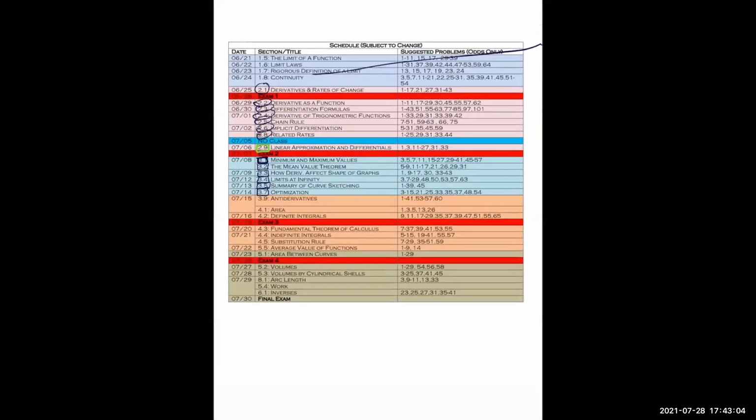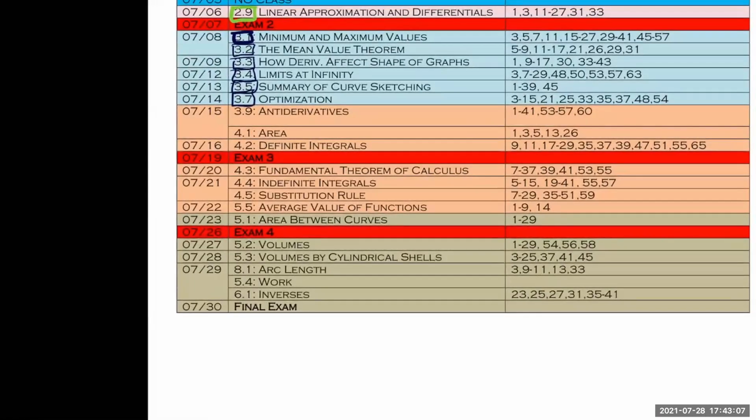So yeah, although I'm talking about this section, I am not going to put it on the test. That's why I didn't put homework for it. I'm not gonna test you guys on work either.